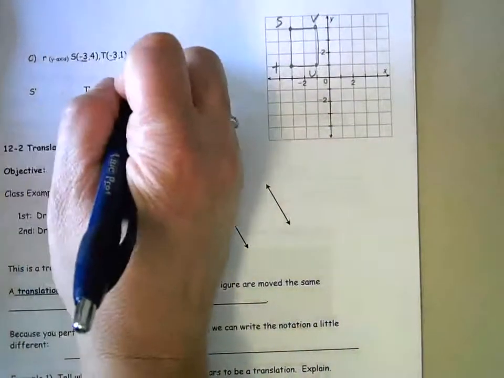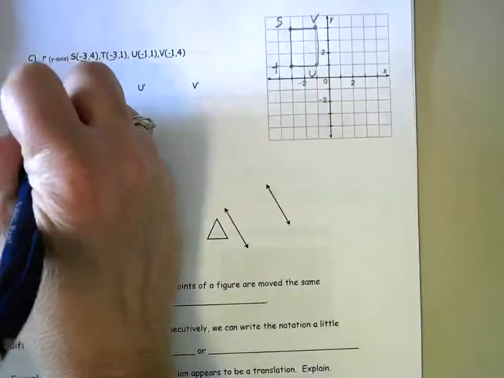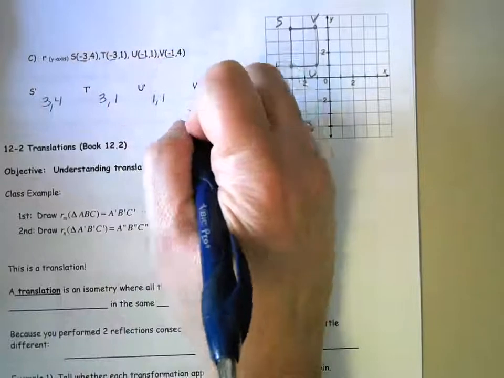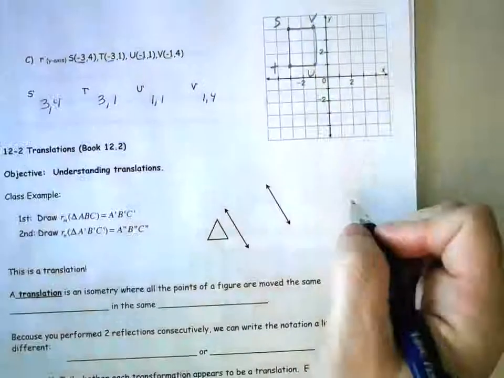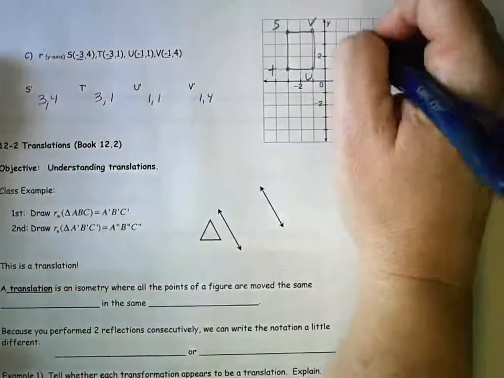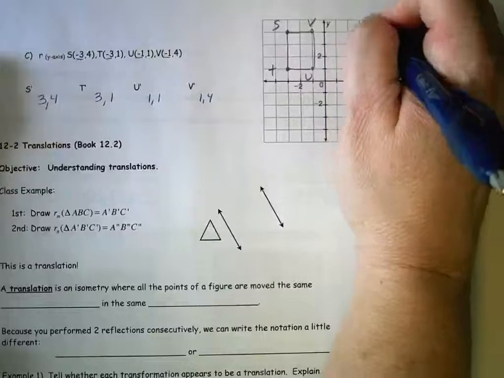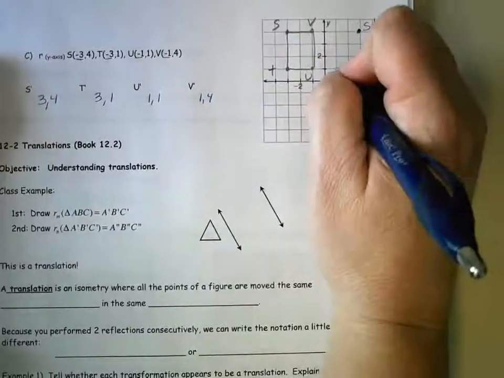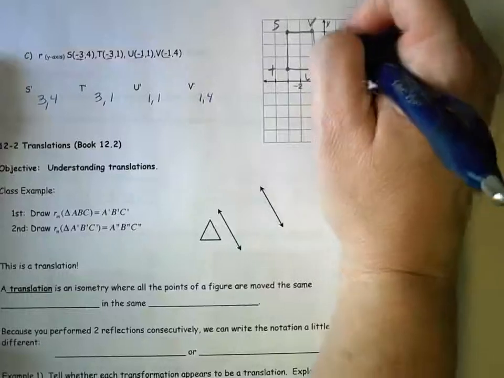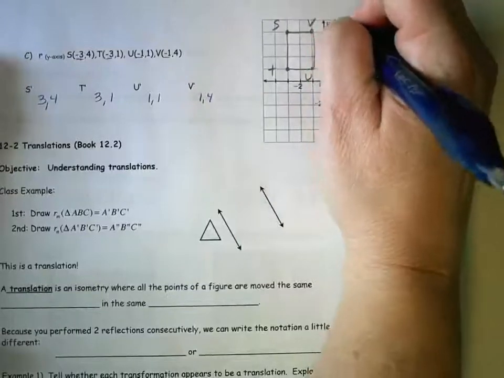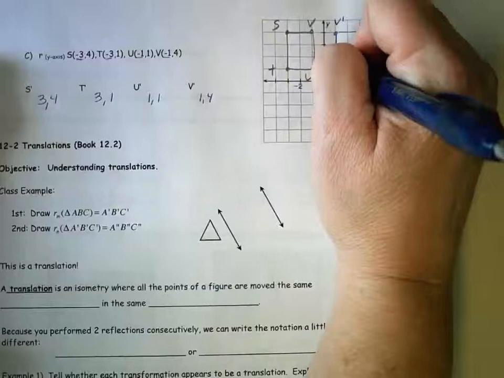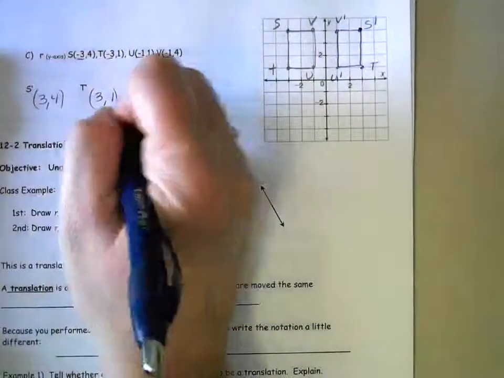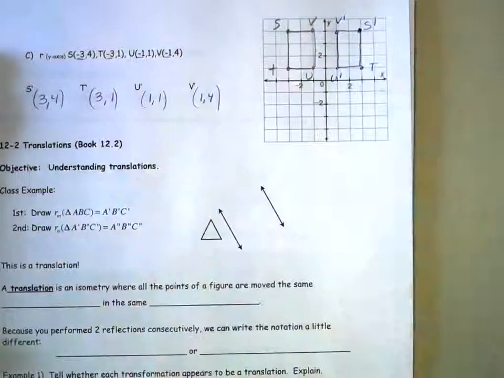So we're going to change the first coordinate. 3, 4, 3, 1, 1, 1, and 1, 4. So 3, 4 is S prime, 3, 1 is T prime, 1, 1 is U prime, and 1, 4 is V prime. And I probably should have these things in parentheses.